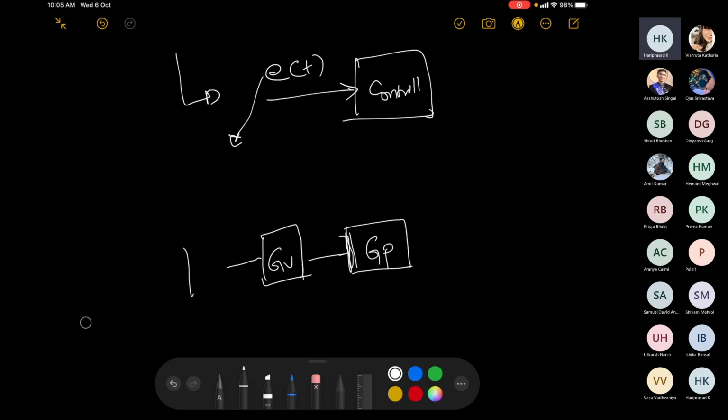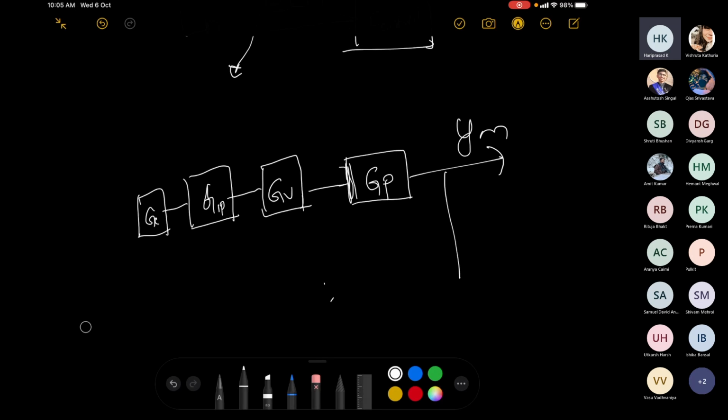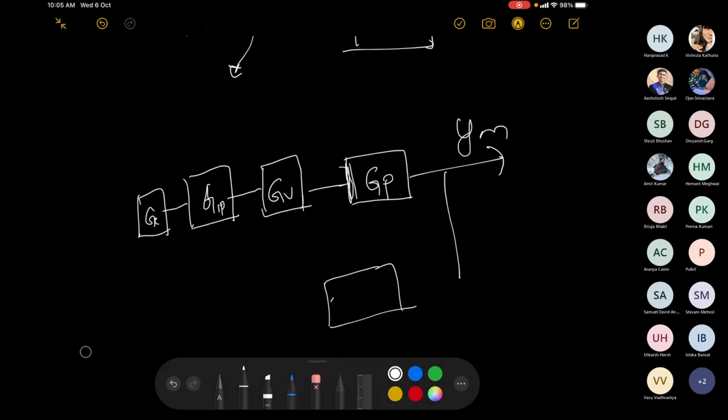Before the final control element there is I to P, which I call GIP, and before that you have your controller, which I'll call GC. This process is continuously operating and its output is your Y or YM. Let us call it Y or YM, and you would have a sensor, which I call GS, and GS would measure.